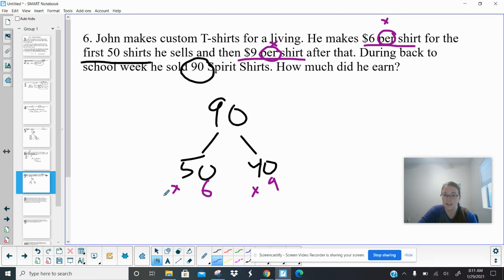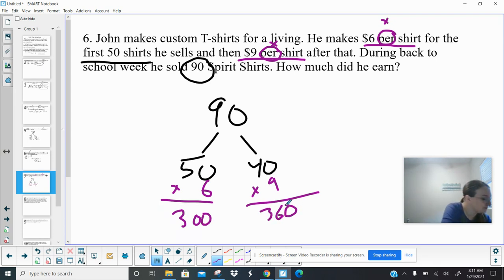I multiply because it says per. So I would multiply these two numbers together. This is 300 and this is 360. That should be right. And then, as always with this breakdown, we add our answers together in the end. So go back to your test, look at the numbers you had, see if you can follow along with this and try it on your own with your numbers.